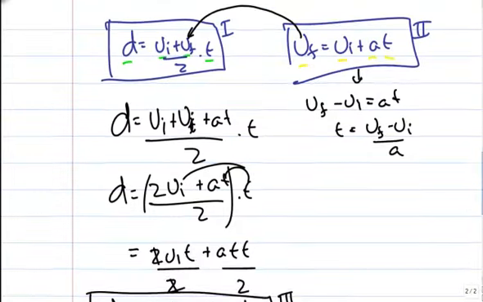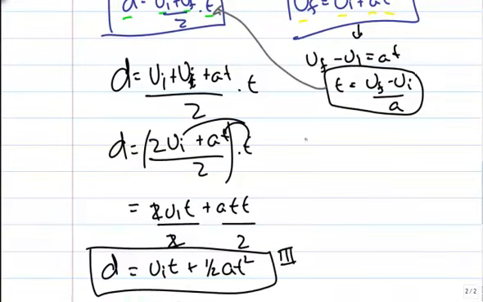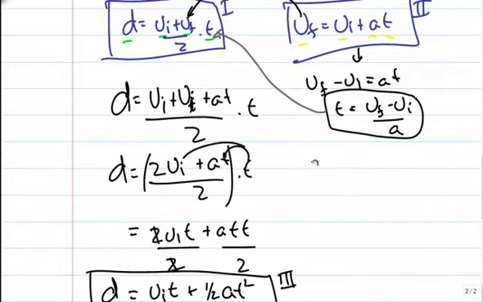I'm going to substitute that, and I'll do this in gray, that in for T. Okay, so back to this equation up here, I'm going to have D is equal to VI plus VF over 2. I'll put that in brackets, and T is equal to that, VF minus VI over A.